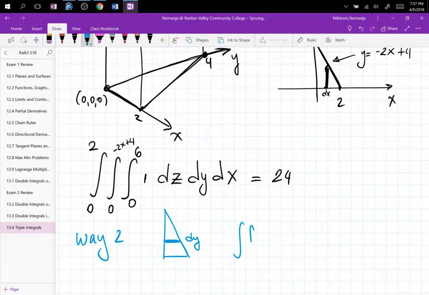So now my triple integral is 1 dz dx dy. Now z is still 0 to 6. That can't be changed because the bottom is flat, the top is flat, bottom is sitting on the xy plane, and top is a flat plane 6 feet up.